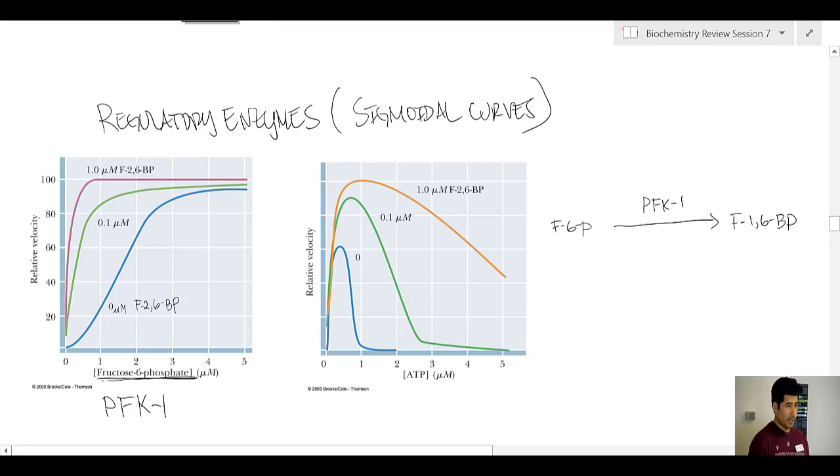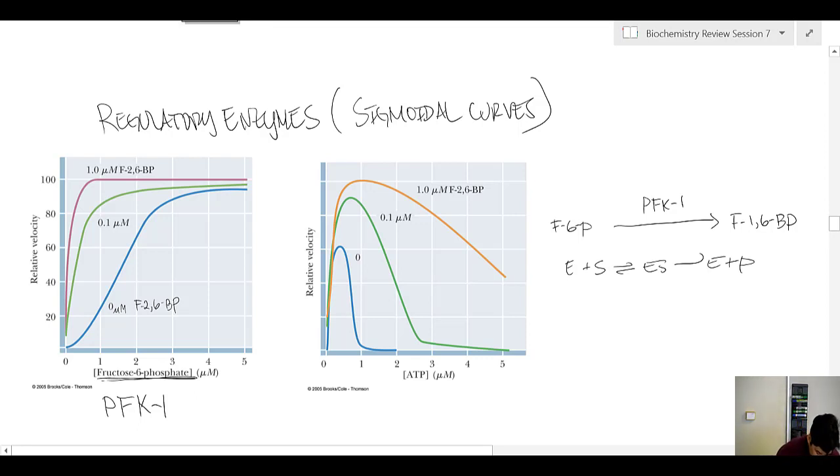All right, so all your glycolytic steps, you're gonna wanna remember those. So phosphofructokinase 1 takes fructose 6-phosphate and turns it into fructose 1,6 bisphosphate. And this blue line represents what the graph looks like when there's just the enzyme and the substrate. So when there's the enzyme plus the substrate forming enzyme-substrate complex, you get enzyme plus product.